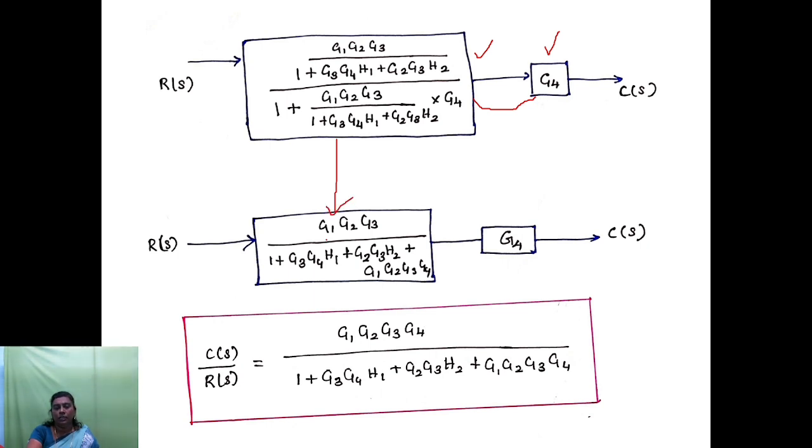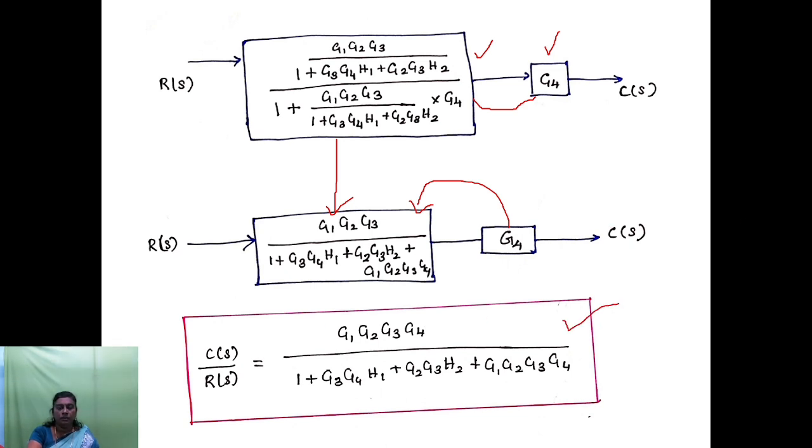In the numerator we are having G1, G2, G3, and in the denominator we will be having 1 plus G3, G4, H1 plus G2, G3, H2 plus G1, G2, G3 and G4. This is in series with another block having gain of G4, so we can multiply these two gains to get the final transfer function.